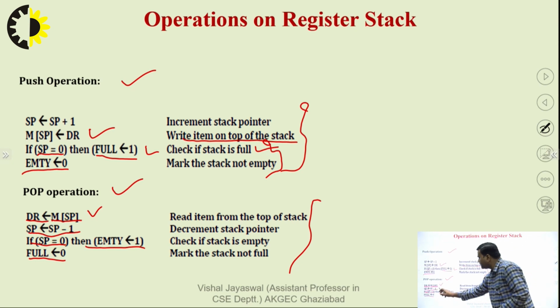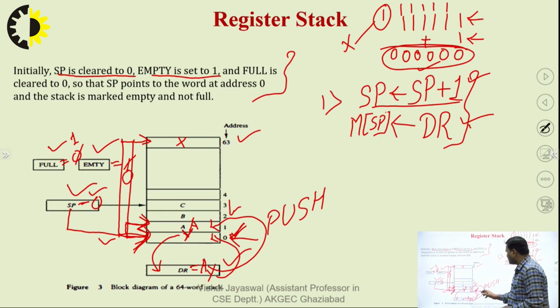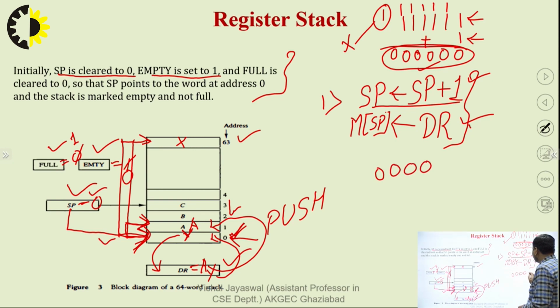The second step is decrementing the stack pointer register. Our current stack pointer value is six 0s. And we have to perform minus 1. We perform the subtraction operation in computers by the 2's complement method.